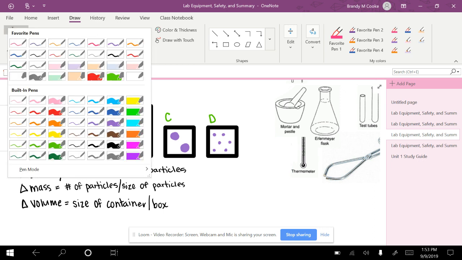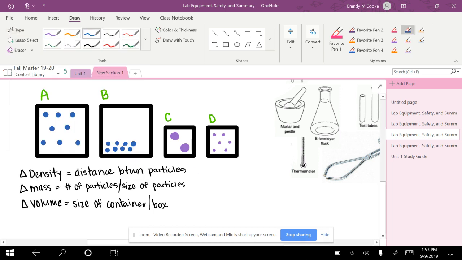And so because of that, I can say that the density of box A is certainly less than the density of box B. And that's again because the distance between them changed. We packed in B more stuff into a smaller area. So we increased the amount of stuff per unit volume, therefore we increase the density.